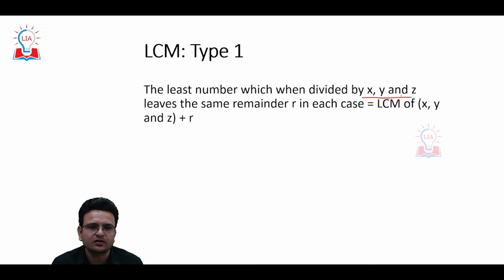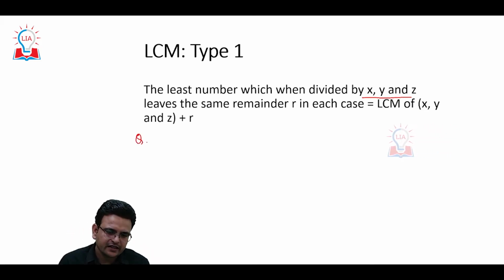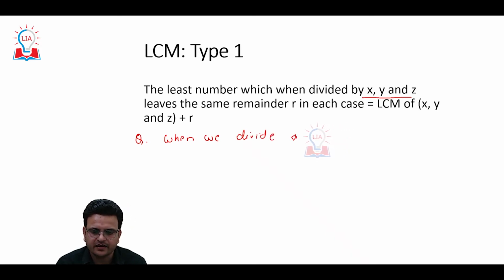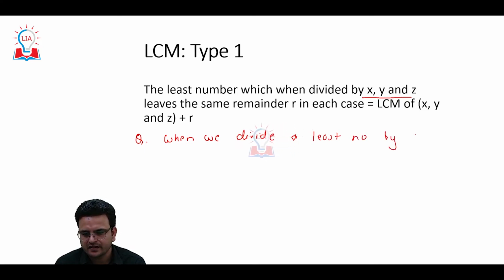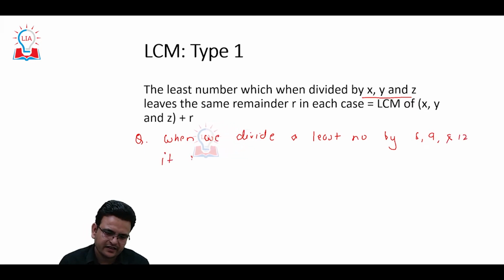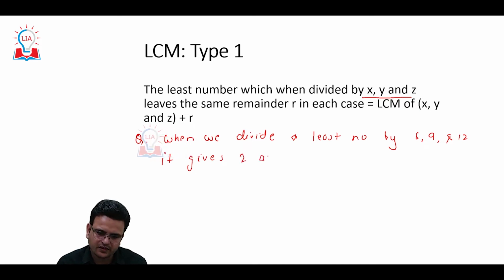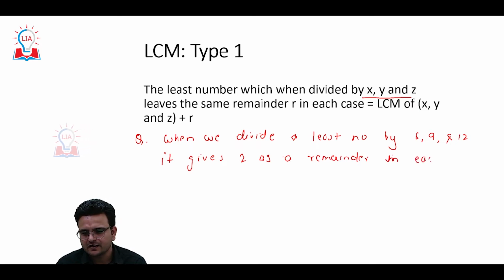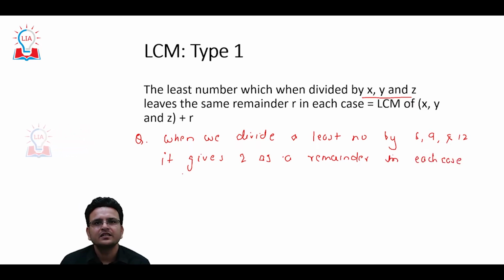Consider a question like this: when we divide a least number by 6, 9 and 12, it gives 2 as a remainder in each case. Simple.